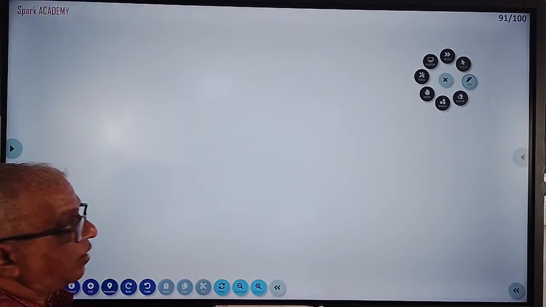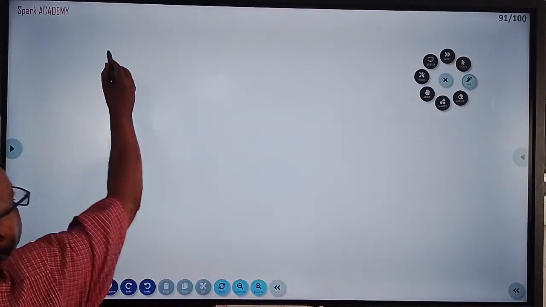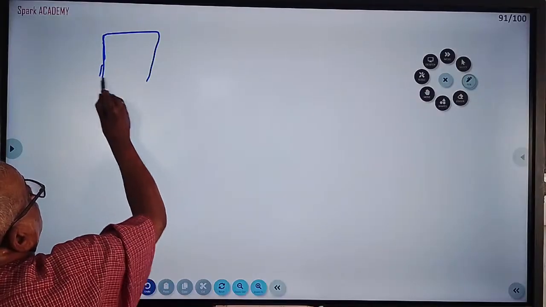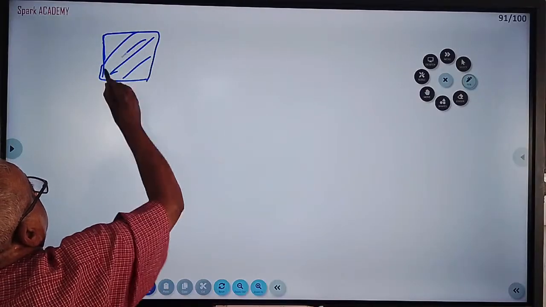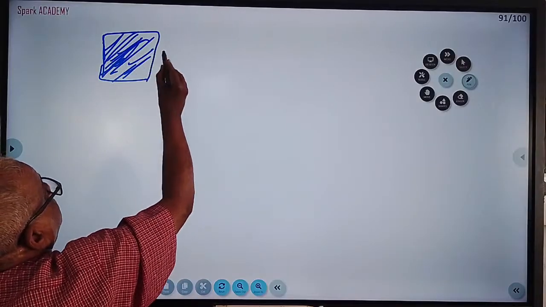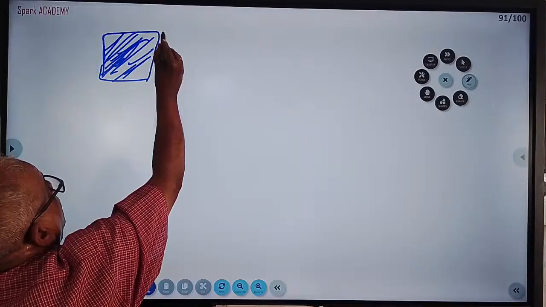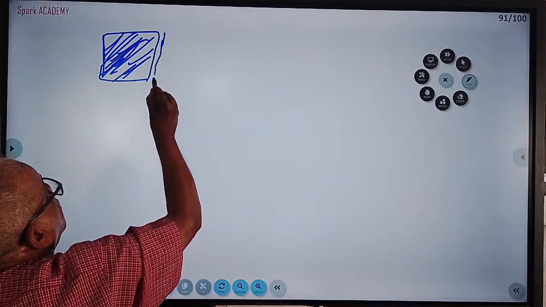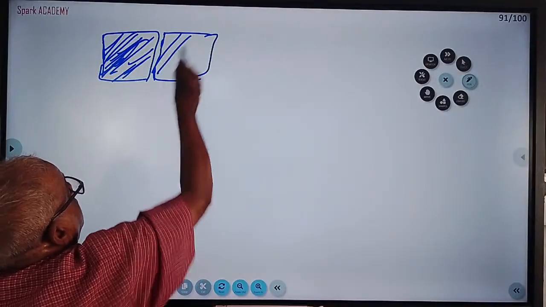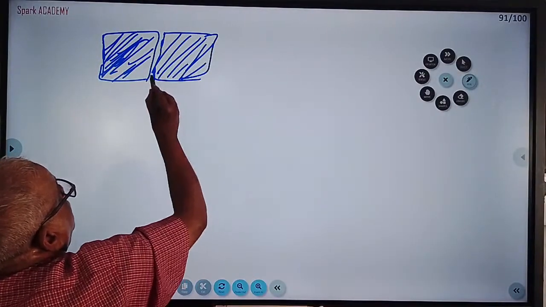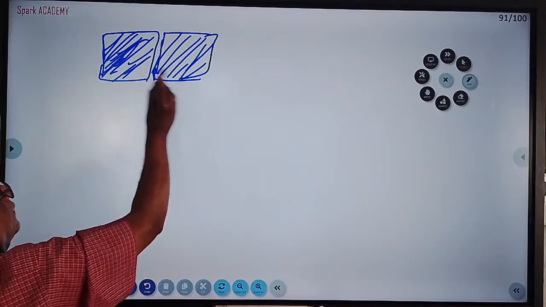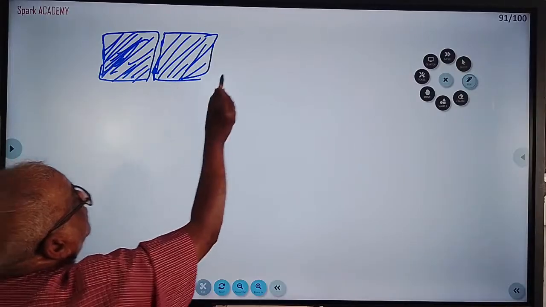On the wall some diagram is pasted showing black strips. This is one object. I am keeping another black strip very close. Spacing is less. One more black strip is there. In between the black strips a white strip is there. Here spacing is very, very less.